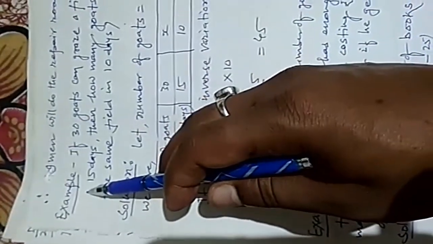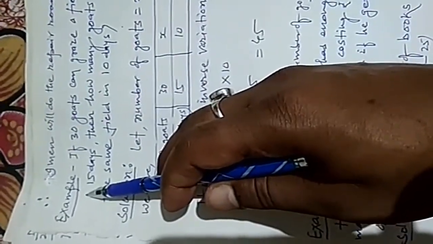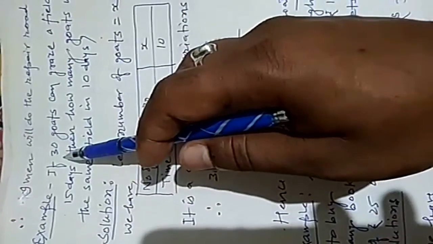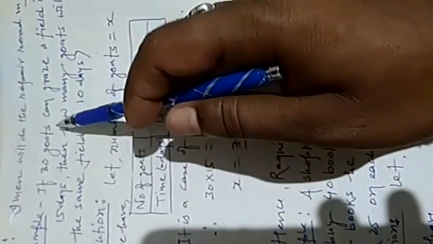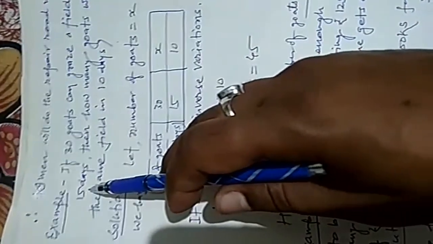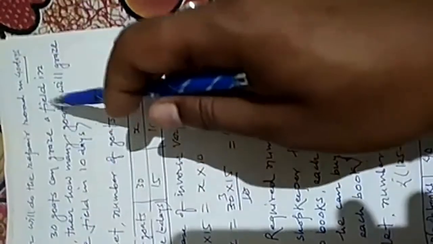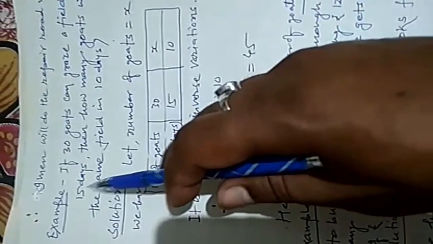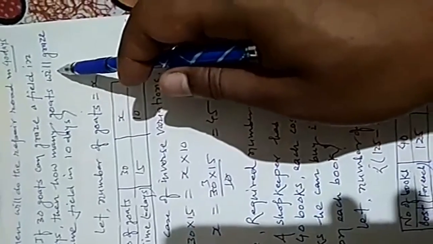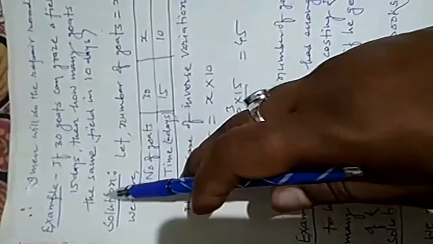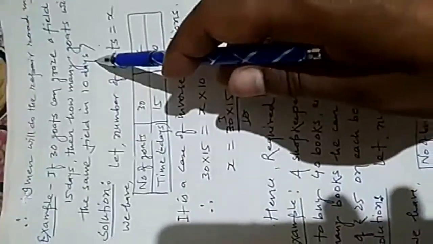Another example. If 30 goats can graze a field in 15 days, then how many goats will graze the same field in 10 days?